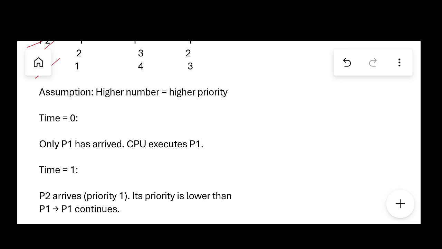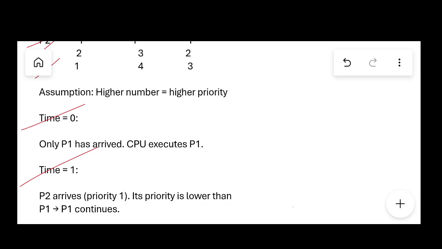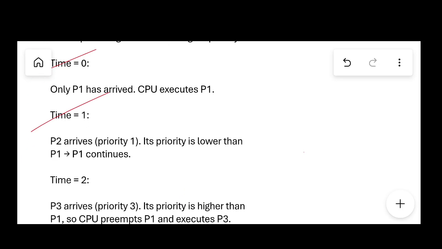Here is how the CPU executes. At time 0, only P1 is available, so the CPU starts P1. Then at time 1, P2 arrives, but its priority is lower than P1's, because 1 is less than 2.